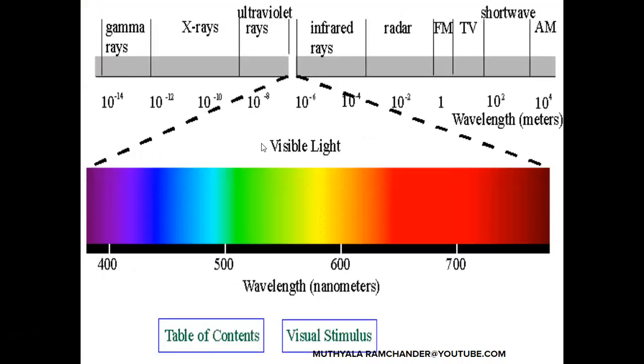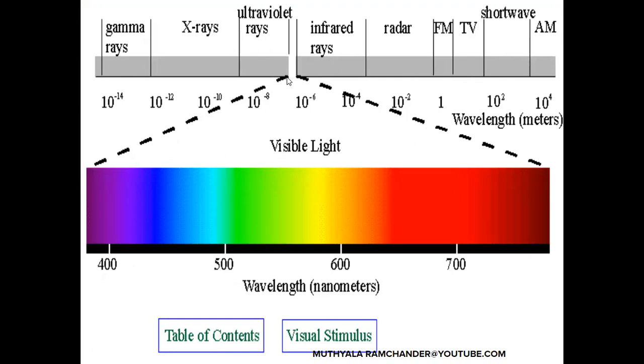See, above the visible light wavelength, infrared rays, radar rays, FM rays, TV, shortwave and AM rays are present. The TV rays, shortwave rays, AM rays are related to radar waves. And below the visible light wavelength, gamma rays, X-rays, UV rays are present.